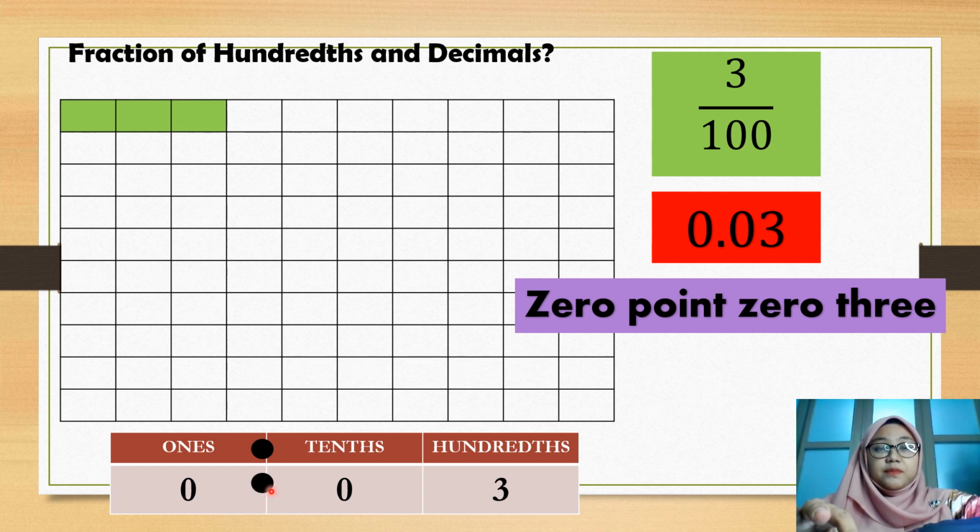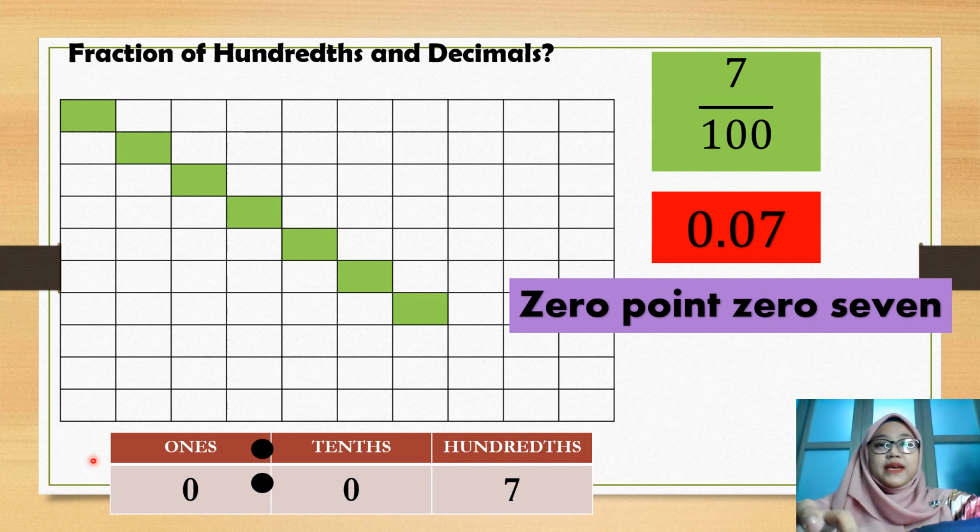After the decimal point is 0 because there is no tenths. Tenths means over 10. This one is over 100. So we put it into hundredths. 3 is in the hundredths place. So 0.03.